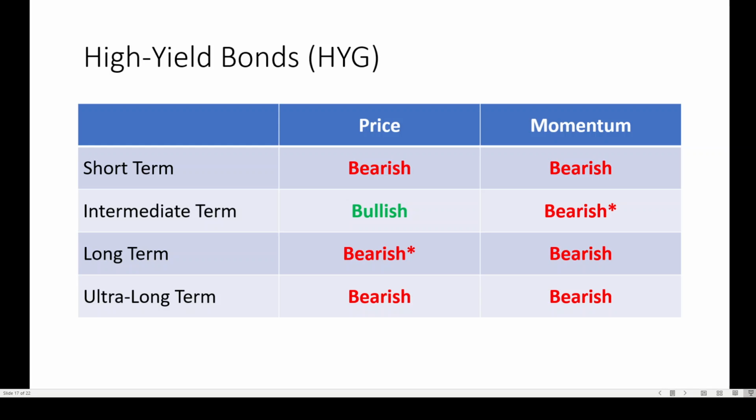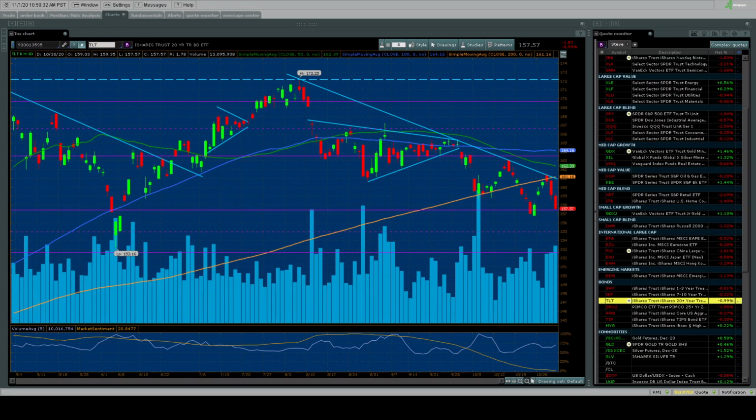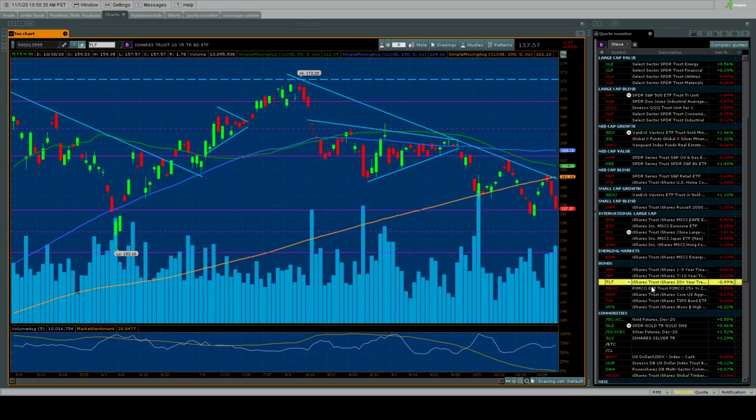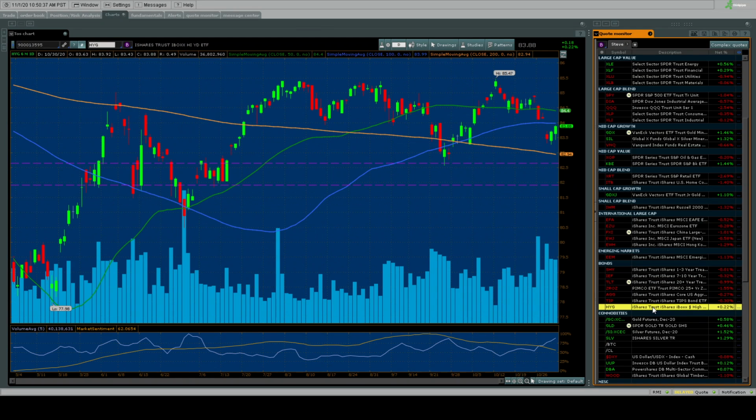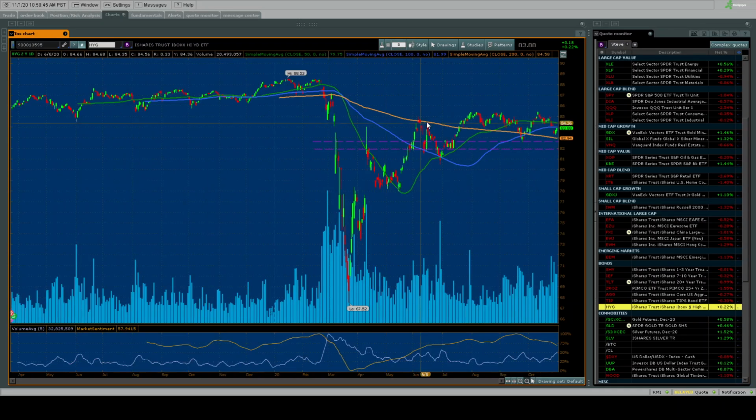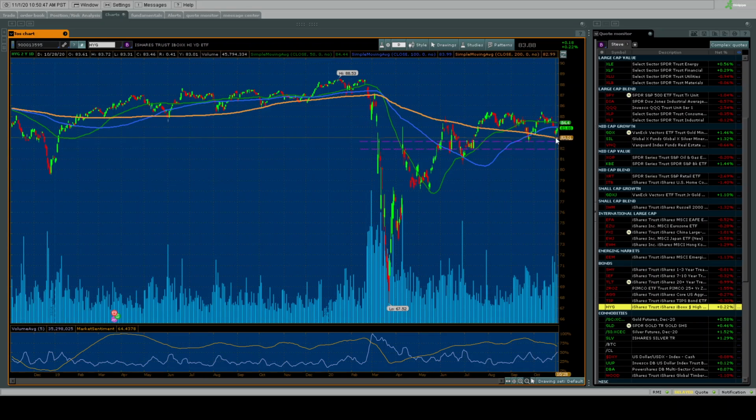How about high yield bonds? We've got almost a bearish picture across the board now on high yield. Remember, high yield are bonds that trade kind of like stocks. So if you're looking to be in the bond market and you don't want to trade equities, well, you can just be in high yield and you get some exposure there. And keep in mind, high yield bonds are looking, again, like the stock market, starting to peak and roll over.